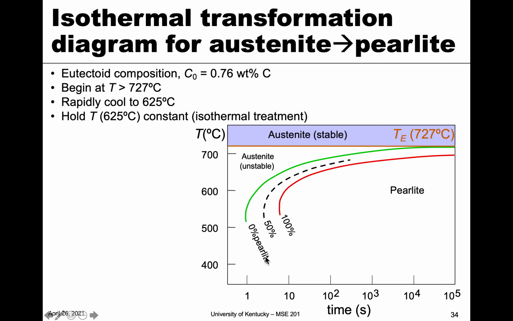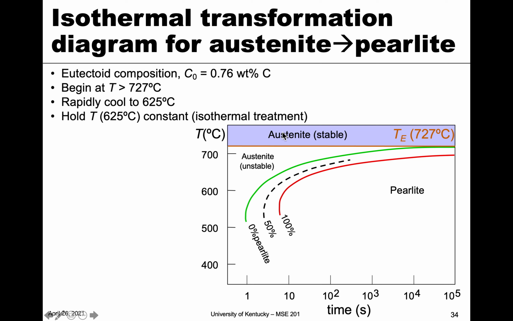This is what we call the isothermal transformation diagram, sometimes TTT for time-temperature transformation. Again, this gives us austenite to pearlite, so it's only valid for this composition, and it begins at temperatures under 727.